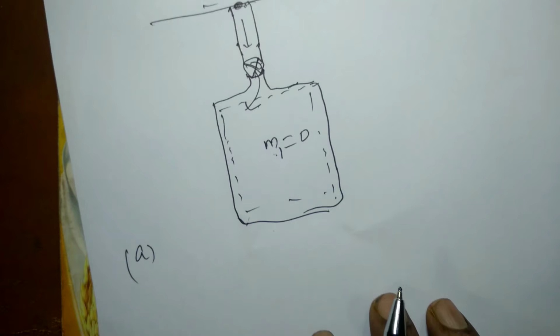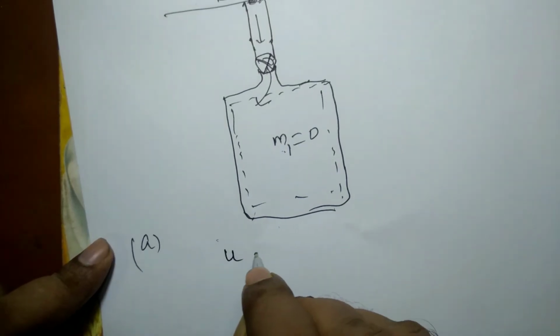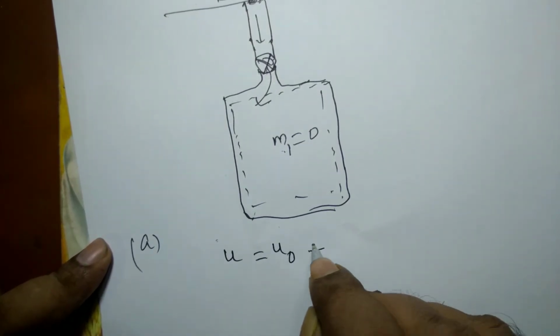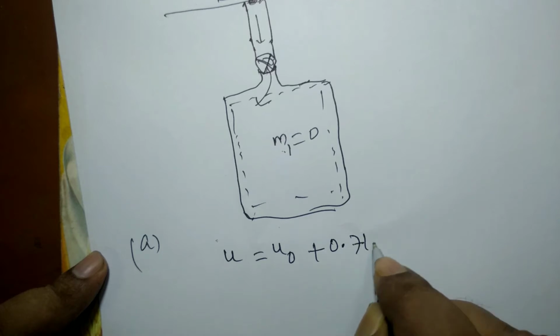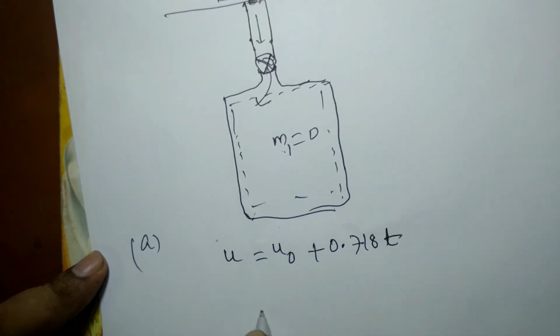So you see, U is equal to U0 plus 0.718 t, small t.